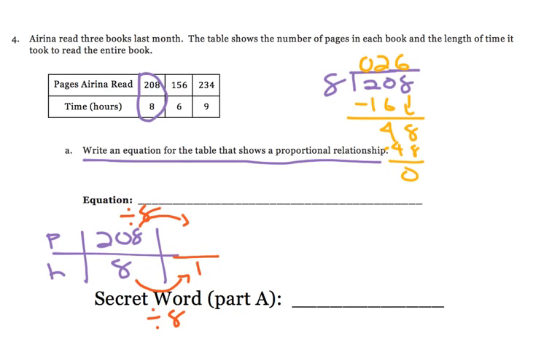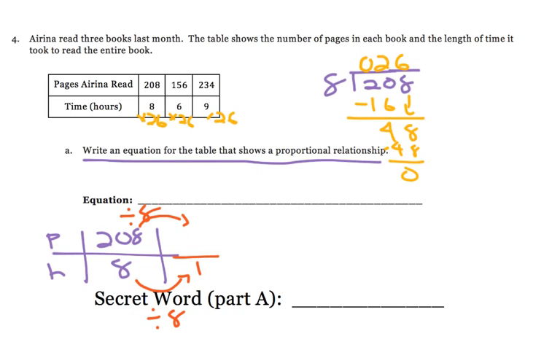So the unit rate in this problem is 26 pages per hour, and you could even check it, but the idea is we can multiply the number of pages by 26 each time. Ugh, no, that's not the idea. That number would be huge. You take the number of hours and you multiply them by 26, and it equals the number of pages each time.